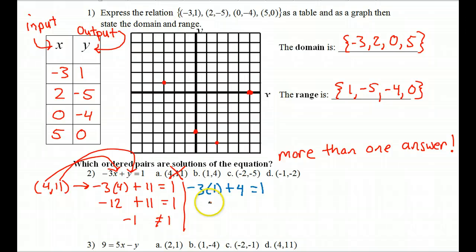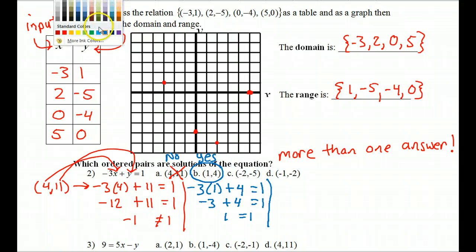Well, negative 3 times 1 is just negative 3. Negative 3 plus 4 does equal 1. So yes, that is a solution. So that's a yes. This one was a no. Okay, let's check the next one.